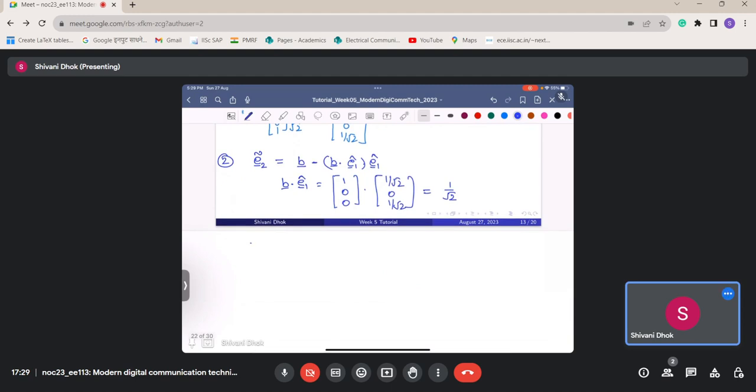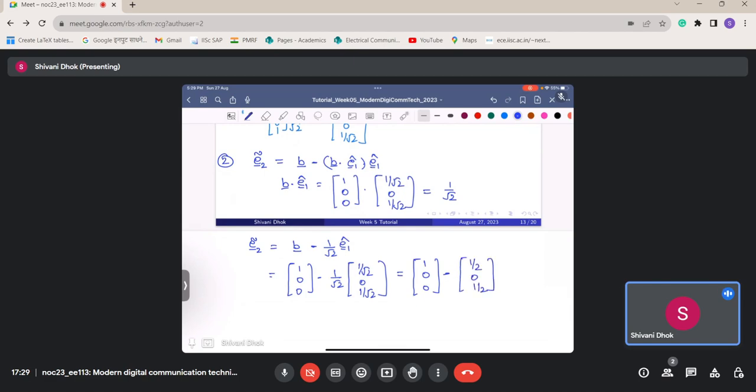Therefore E2 tilde is B minus 1 by root 2 into E1 hat, which is (1, 0, 0) minus 1 by root 2 into (1 by root 2, 0, 1 by root 2), which equals (1 minus 1 by 2, 0, minus 1 by 2), which is (1 by 2, 0, minus 1 by 2).